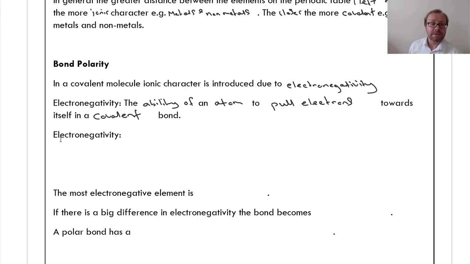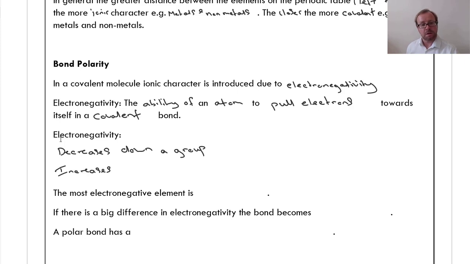And electronegativity, there are trends in the periodic table. So electronegativity decreases for an element down a group and increases across a period.